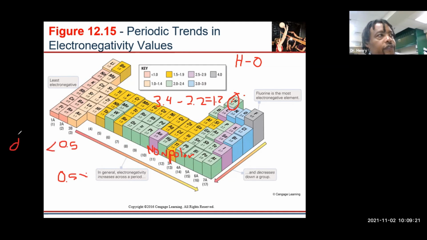Okay, so if the difference is less than 0.5, it's going to be nonpolar. If the difference is greater than or equal to 0.5 but less than or equal to 1.8, it's considered polar.